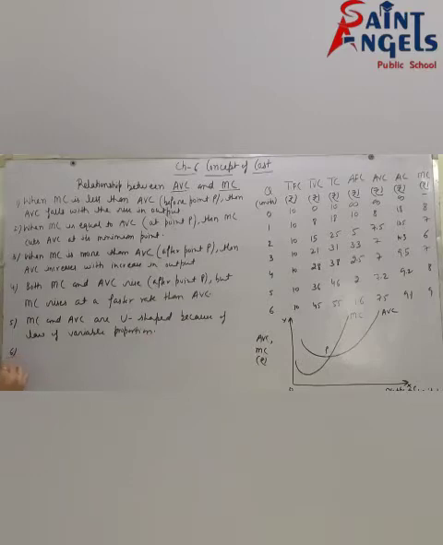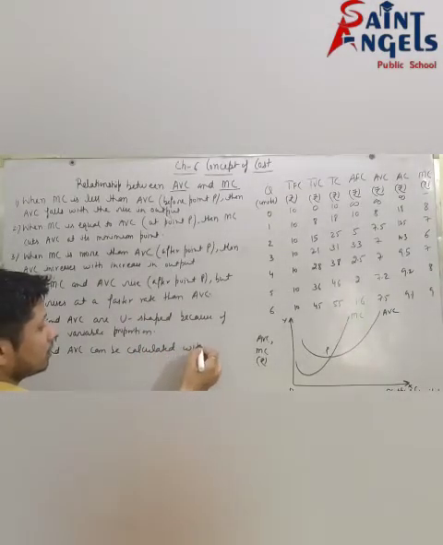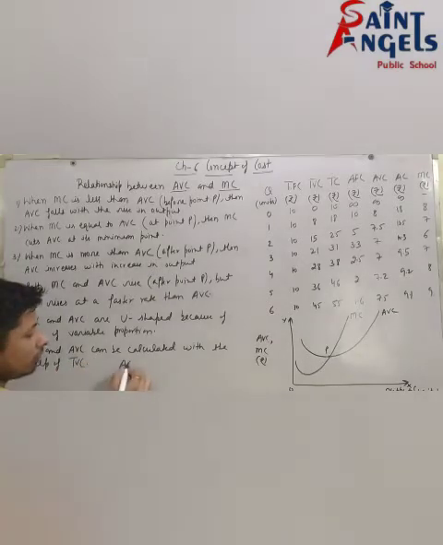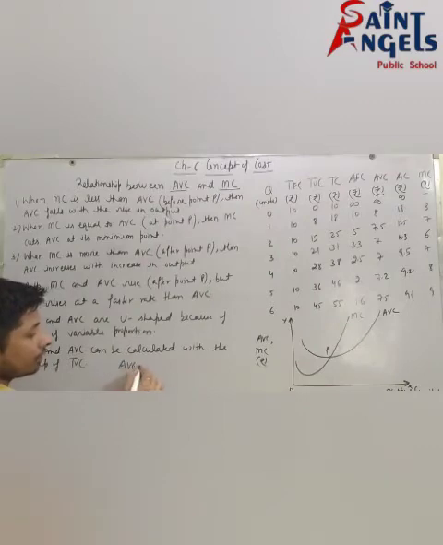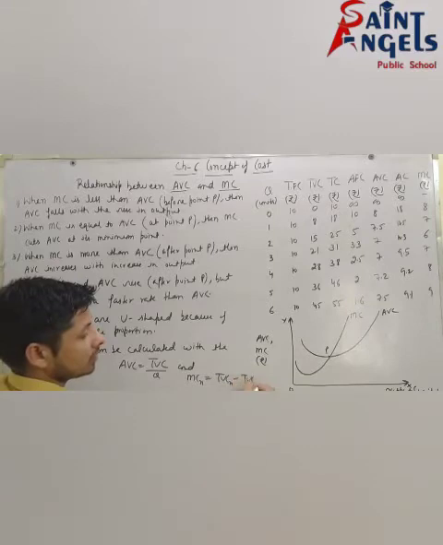See point number 6 and last point. MC and AVC can be calculated with the help of TVC. You know the formula of AVC is TVC divided by Q. And the formula of MC is MCn equals TVCn minus TVCn-1.